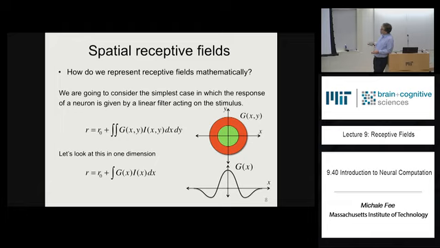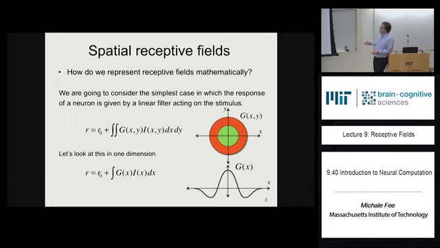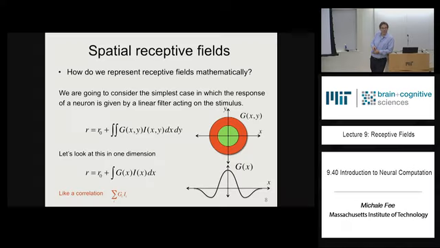So in one dimension, we just take this receptive field G, multiply it by the stimulus pattern, and integrate over position. That is the L, that's the output of the linear filter. We're going to add that to a spontaneous firing rate, and that gives us the firing rate of our neuron. Okay, and you can see that this product and integral over x is just like a correlation, right? G of i times intensity of i, summed over i, okay?